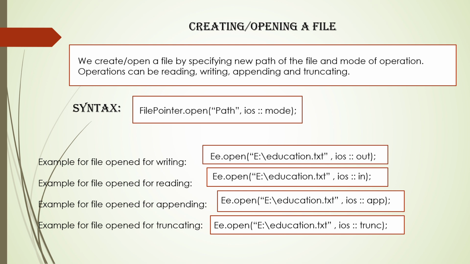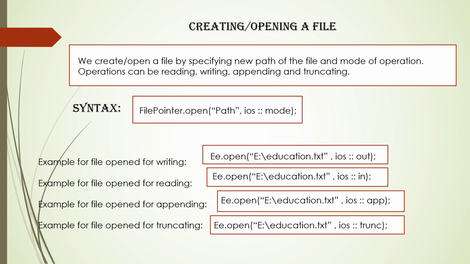ios here stands for input output stream. If you have to open the file for writing, that is, in writing mode, then in the mode section you have to mention ios scope resolution operator out, and if you want to open in read mode, then ios scope resolution in.